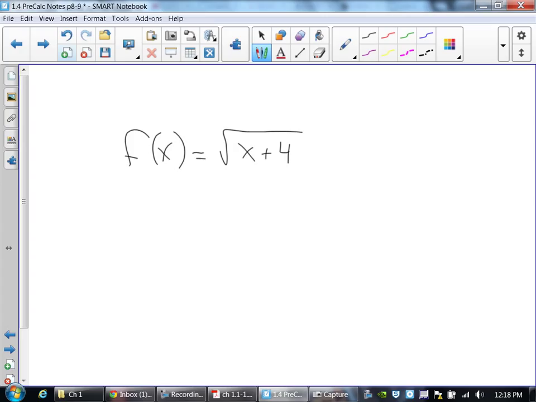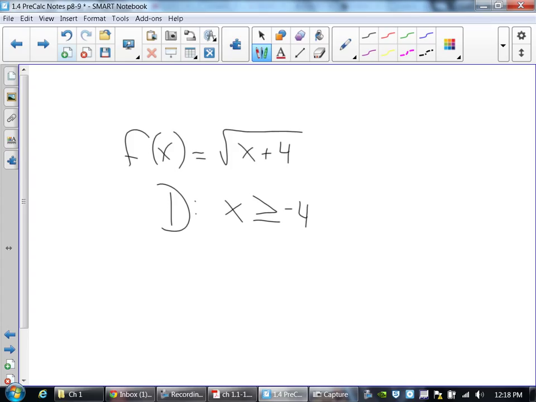Will that work? So you want to say it's greater than or equal to -4, all right? See how once you start looking for that counterexample, it's very tricky. So this one here, my domain will be all the values of x that are greater than or equal to -4.